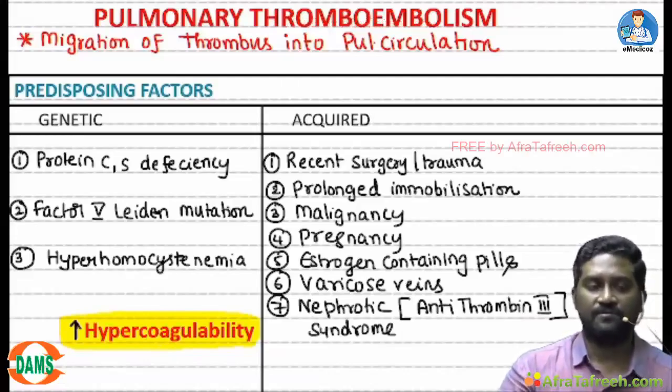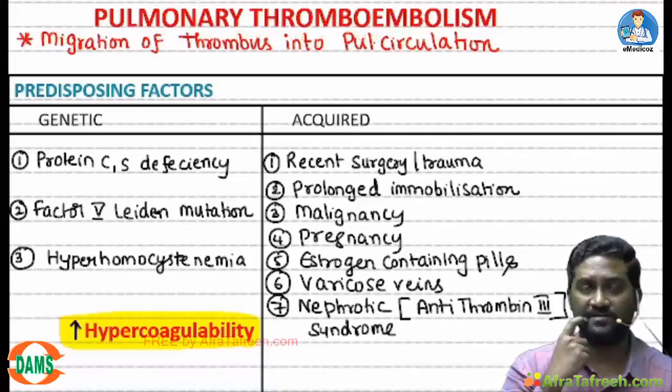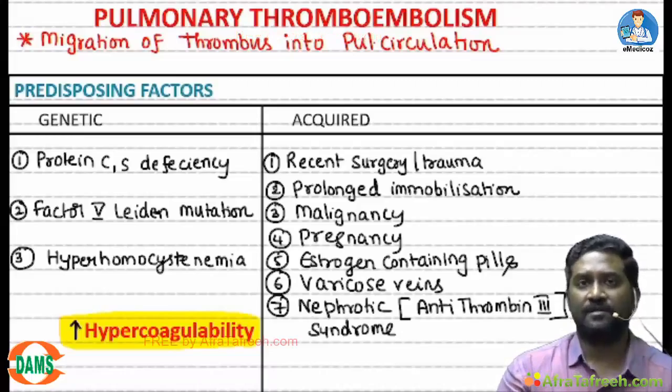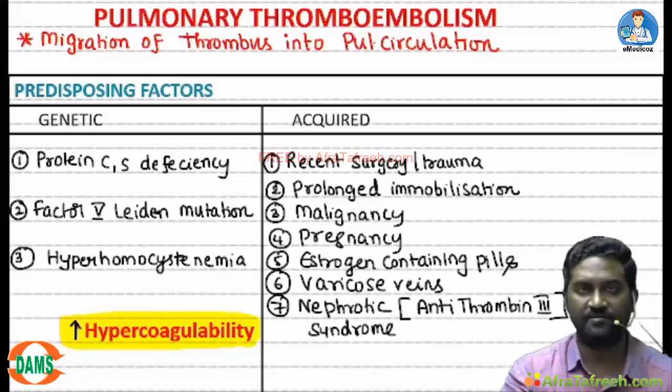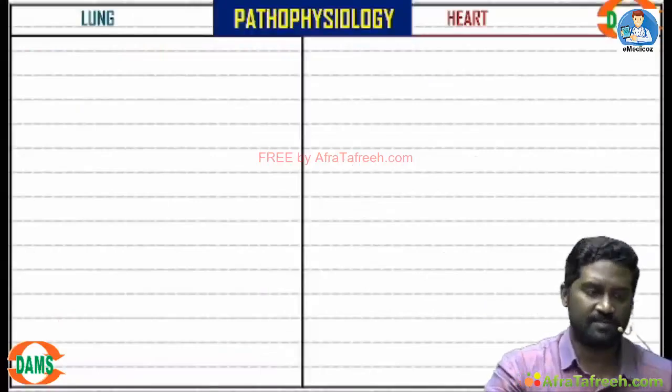You know, students, your pulmonary artery is the connection between heart and lung. Whenever there is some issue in the pulmonary artery, there can be changes happening in the lung and changes happening in the heart. We are going to discuss the pathophysiology of pulmonary thromboembolism with respect to changes in the lung and changes in the heart.